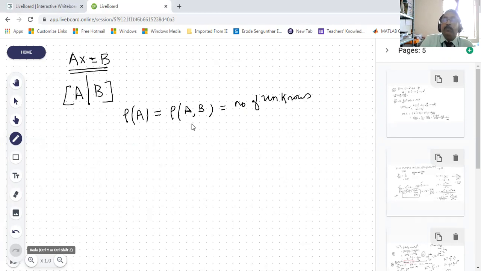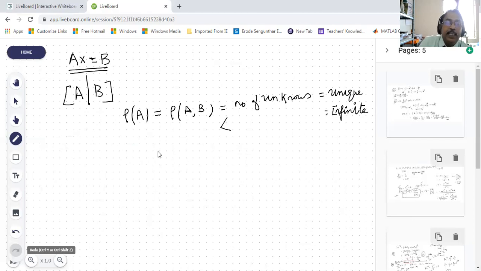in the case of the previous example, it is 3 by 3. Number of unknowns is 3, rank is 3, so you have a unique solution. If the rank is less, then you have an infinite number of solutions.